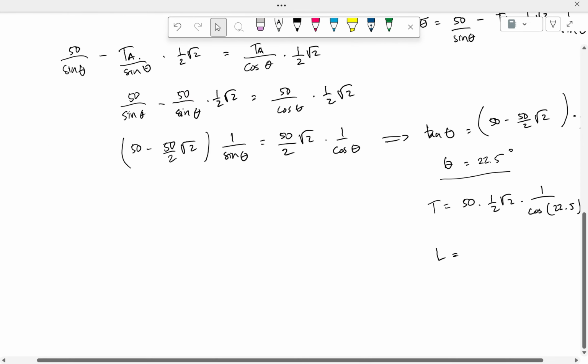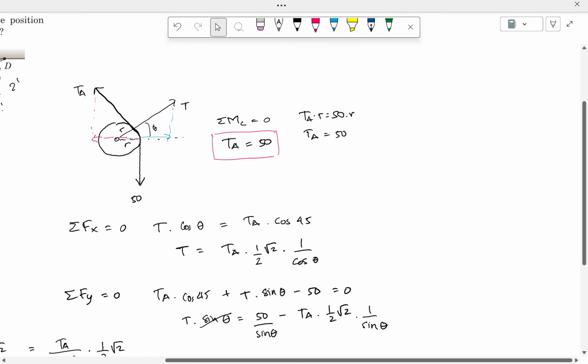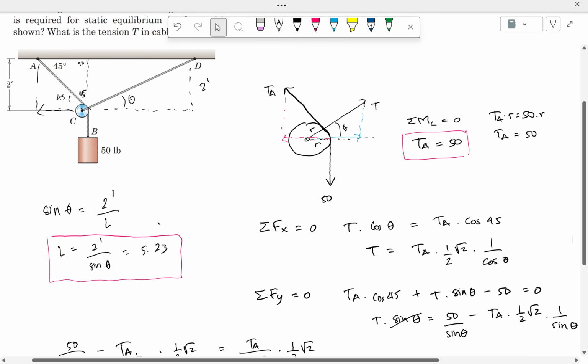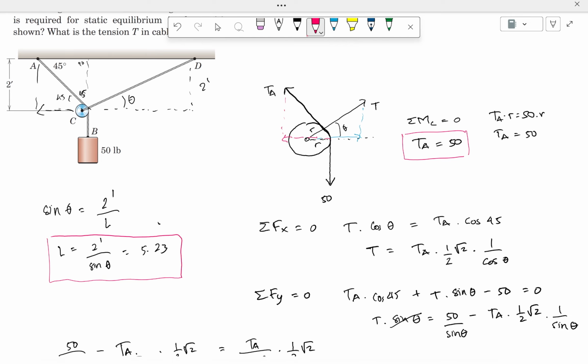So the TA is 50, but this T is 38. I guess it's logical since this A wire is more vertical compared to this CD wire, which is more horizontal, because the angle theta is 22.5. Here it is 45, so it makes sense that TA is 50 and T is 38 something.